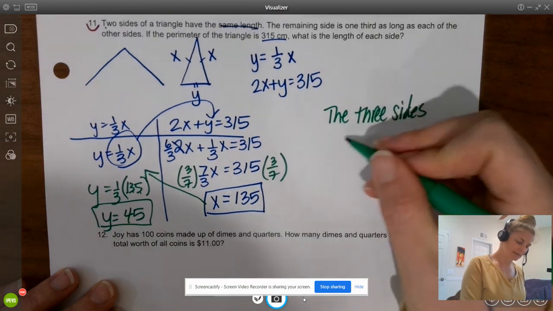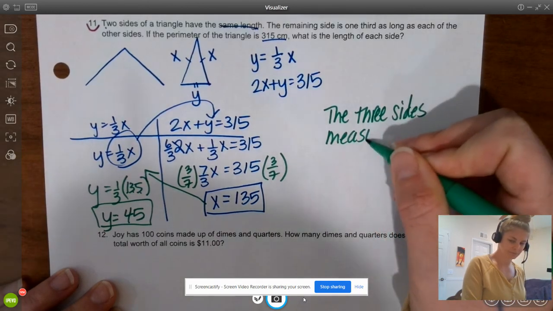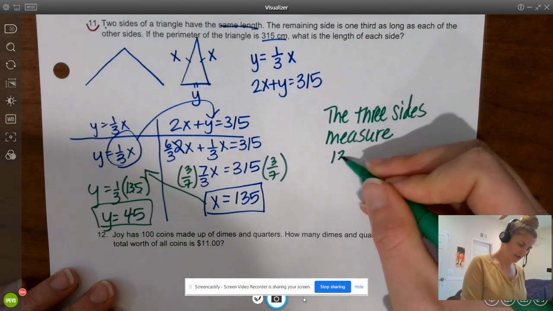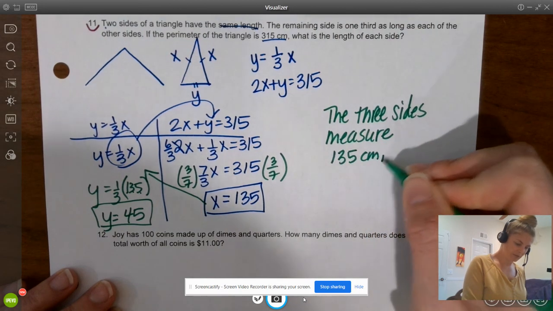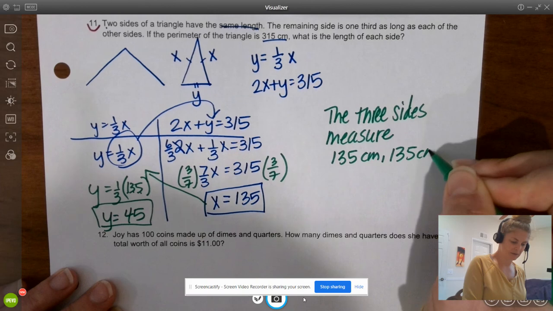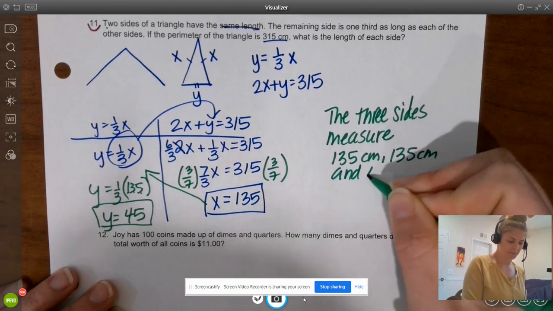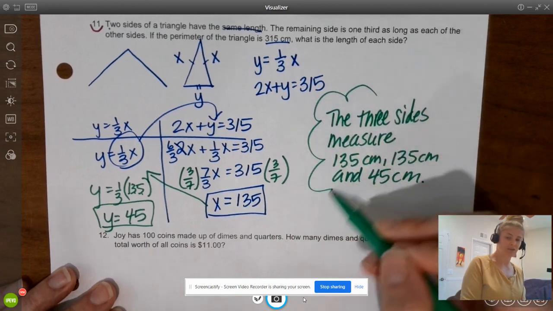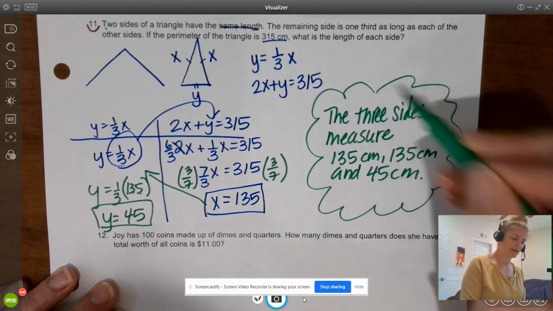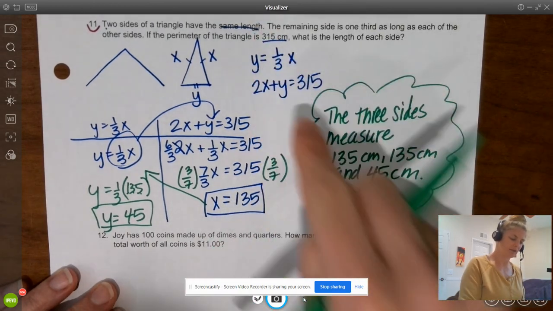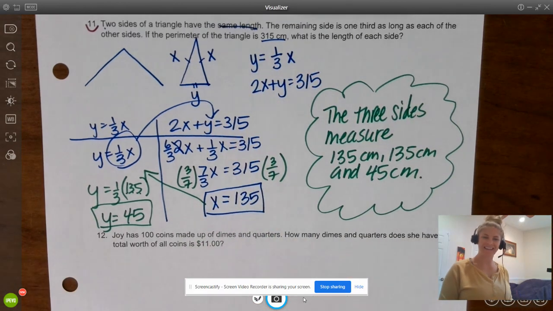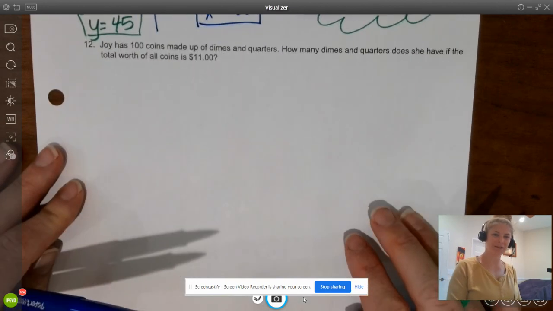The three sides measure 135 centimeters, 135 centimeters, and 45 centimeters. Double check to make sure that this answer is reasonable, and you can verify mentally by substituting in to see if the equations are true, and they are. Excellent job.